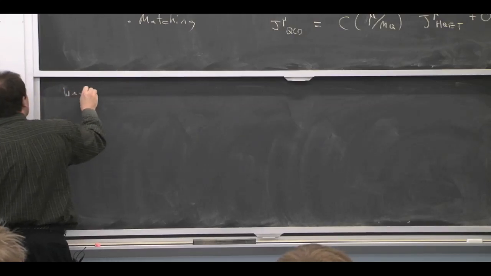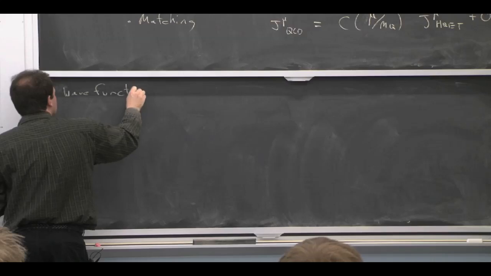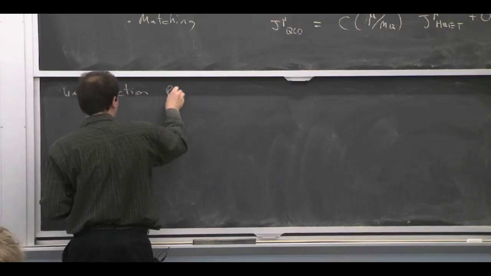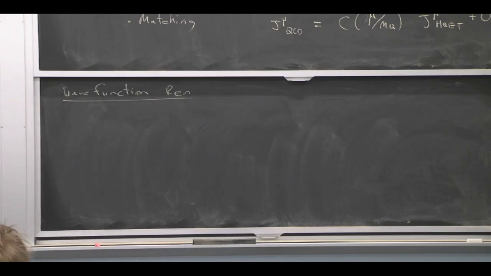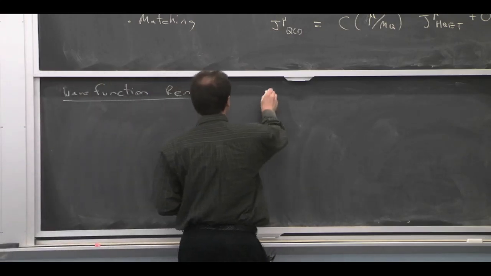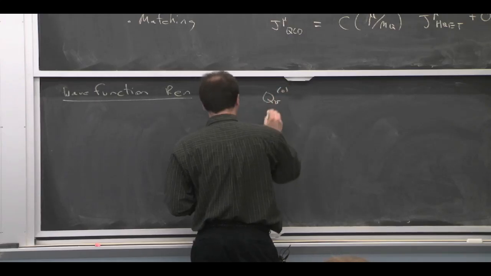So the first thing that actually differs, and it's because, again, there's no antiparticles, that changes the nature of loop diagrams, is the wave function normalization. So we have to go through that again.